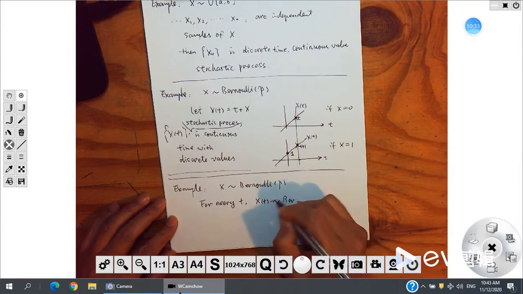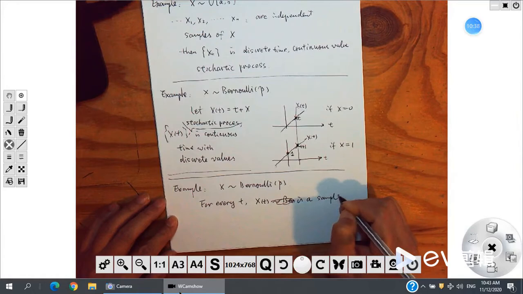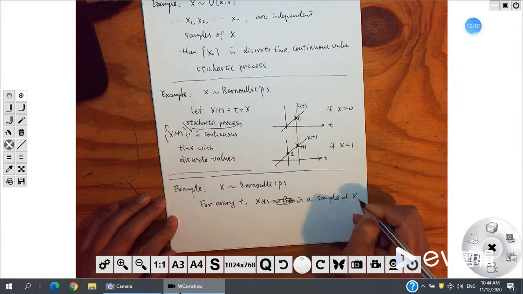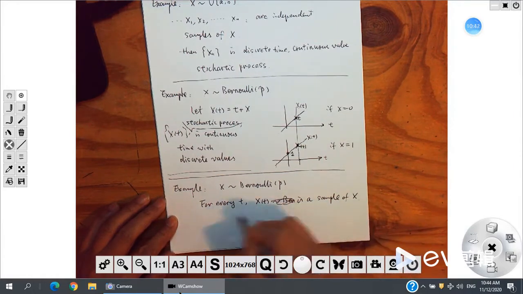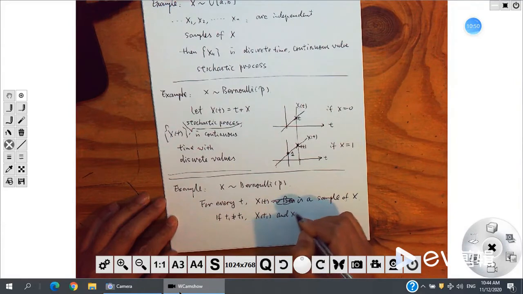I say xt is a sample of x, and when t is different, if t1 does not equal t2, then xt1 and xt2 are independent.